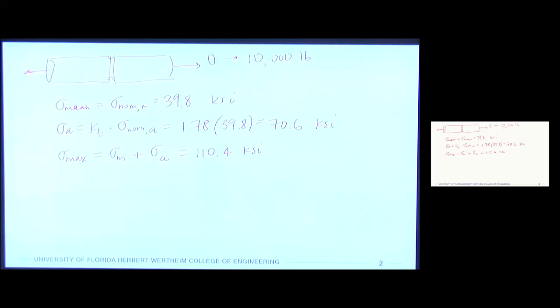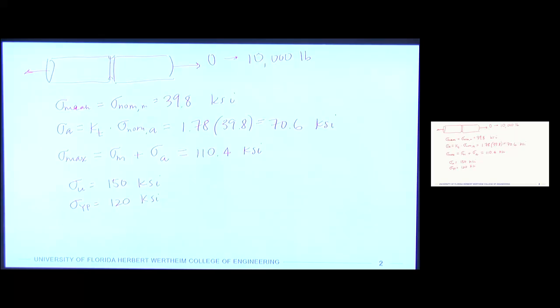Okay. So we will use these now in thinking about cyclic failure, and we have to go back to our modified Goodman regions so that we can see if this thing is going to fail. Just to recap, this has an ultimate strength of 150 KSI and a yield point of 120 KSI.